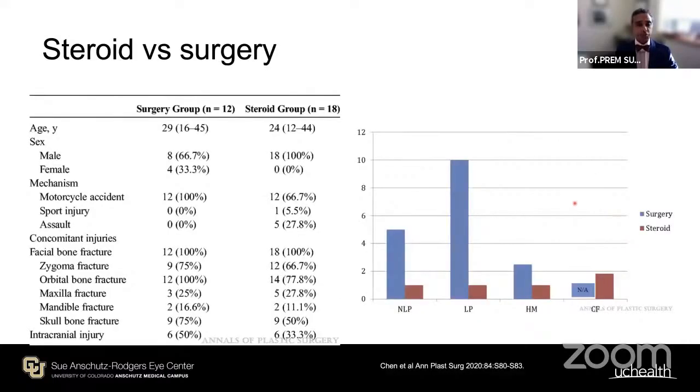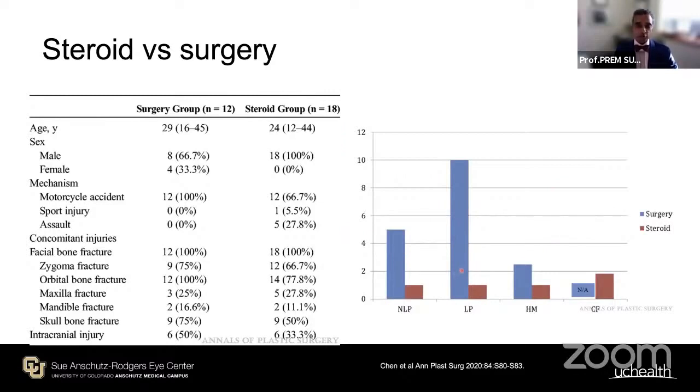Well, how about steroids versus surgery? I mentioned that surgical decompression of the optic canal can sometimes be done to help patients with traumatic optic neuropathy. And this was a somewhat randomized study of 30 patients, 12 of whom got surgery and 18 got steroids. What their raw data show is that there was no significant difference in improvement.